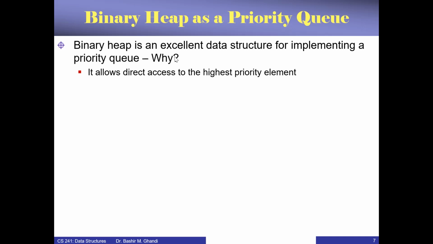So you have to keep going to the right. The rightmost will be the biggest element. And similarly, the smallest element is going to be the leftmost. So it doesn't give you the biggest or the smallest element directly. You have to search for it. Even though the searching is fast, definitely it cannot be as good as getting it directly. Just go to cell number 0 to get it. So this is one of the reasons.